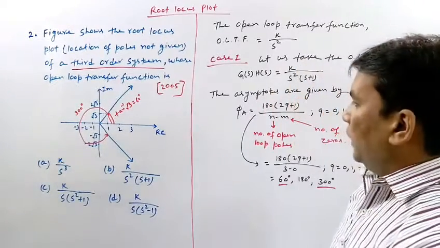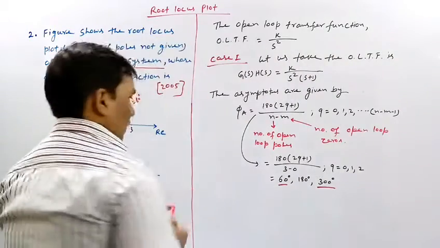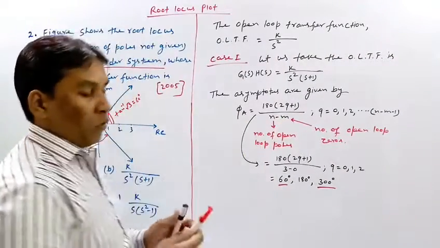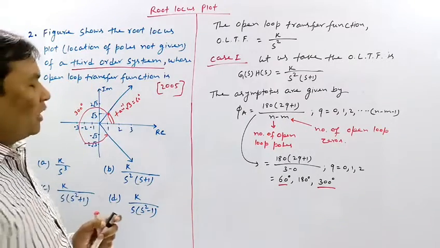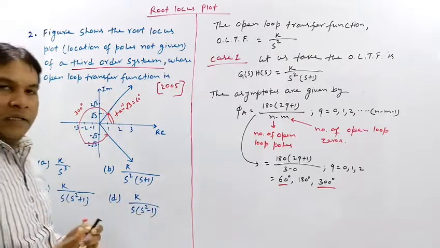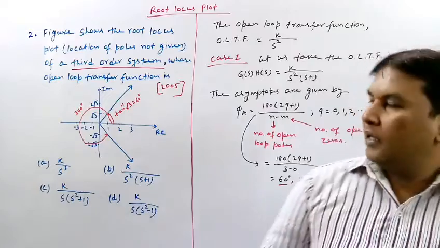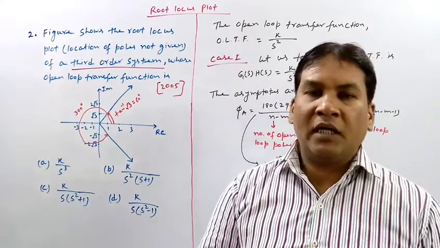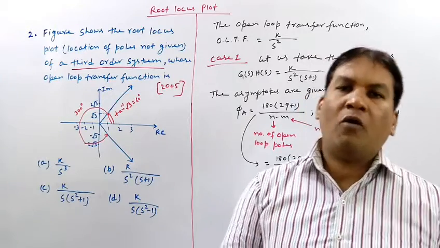That if this is the case, then what is the centroid? So what is centroid? Let me elaborate centroid. Centroid is the intersection of asymptotes on real axis. So centroid is nothing but it is the point of intersection of all the asymptotes on real axis.